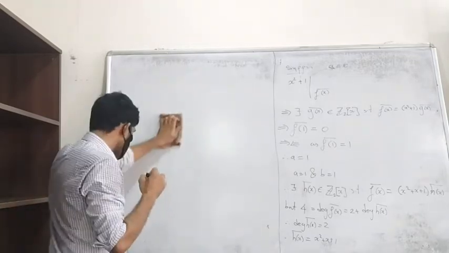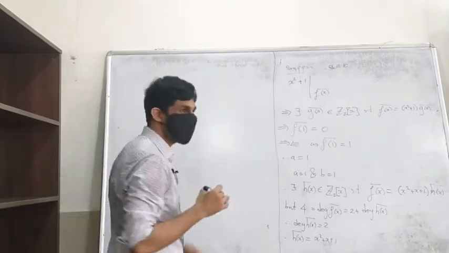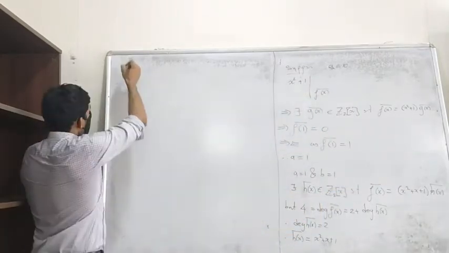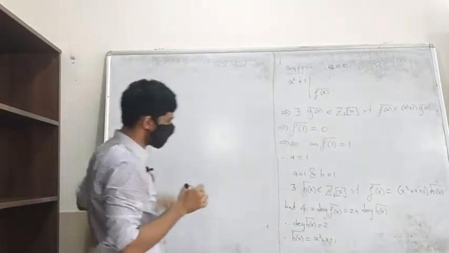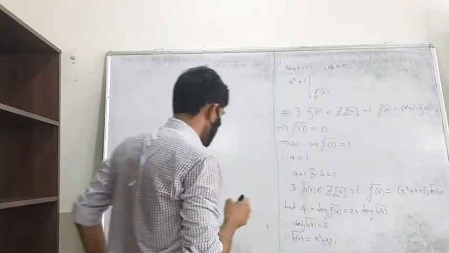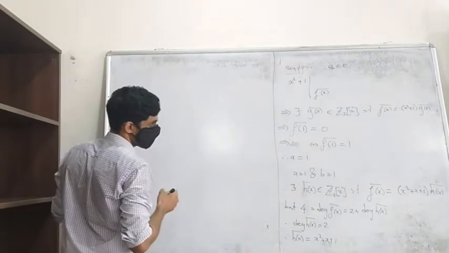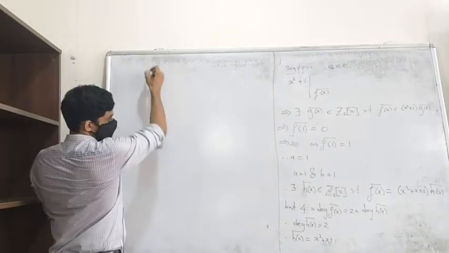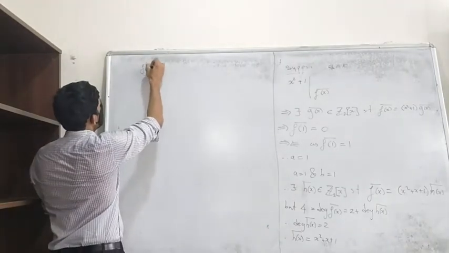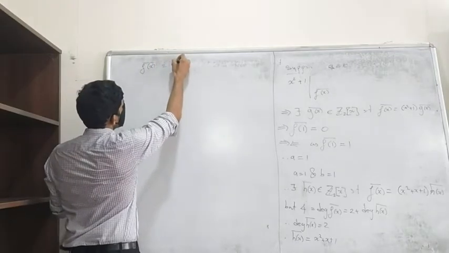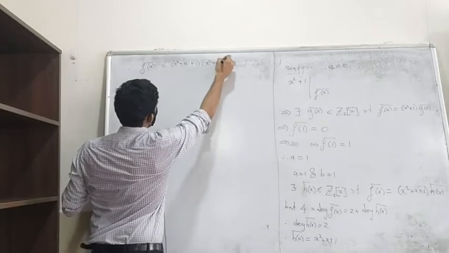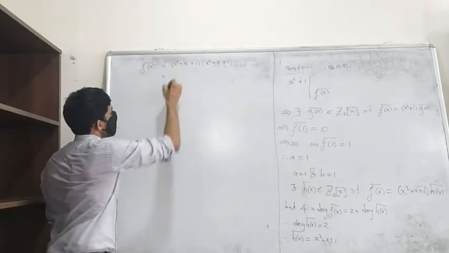This in fact tells us something little more than that. Let's see who can think of it. So f of x bar would be x square plus x plus 1 into x square plus x plus 1. Let's take the product.